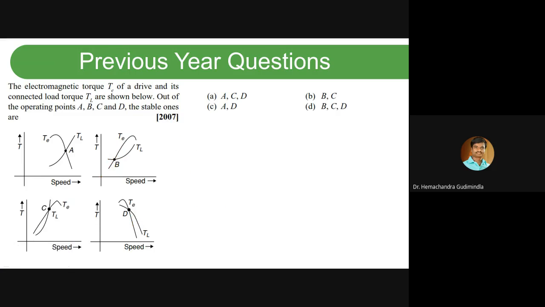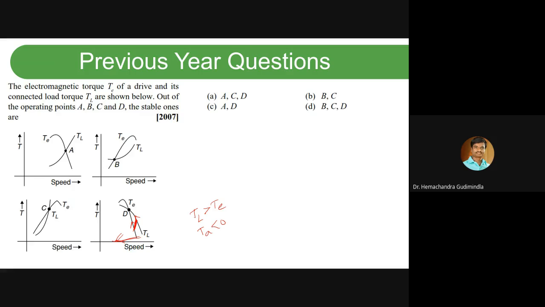Now I'm considering point D, creating a small disturbance over here. At this point, TL is greater than TE, which means TA is less than 0, so it decelerates. Decelerates means this direction, so it will reach point D.